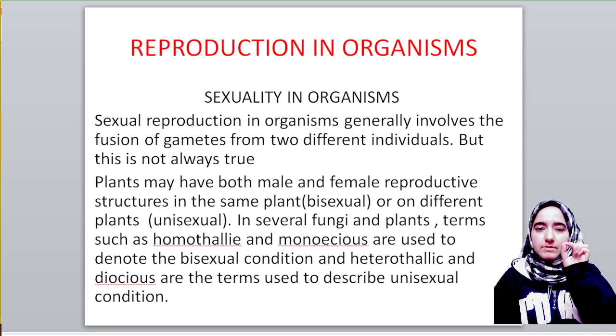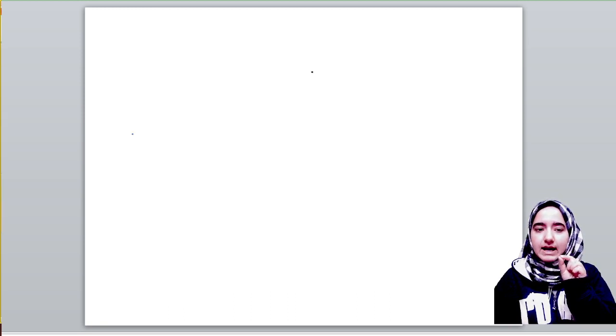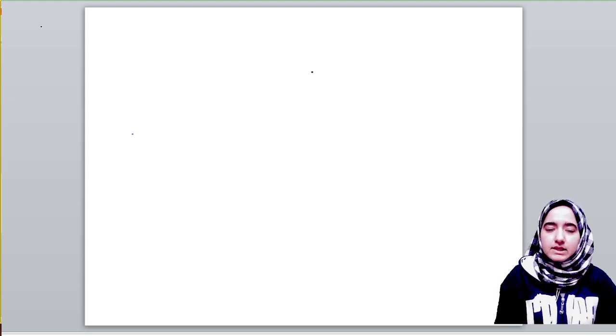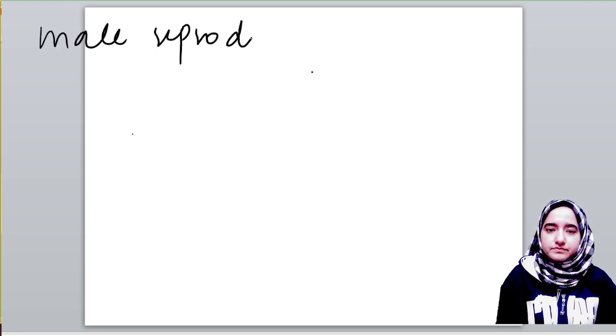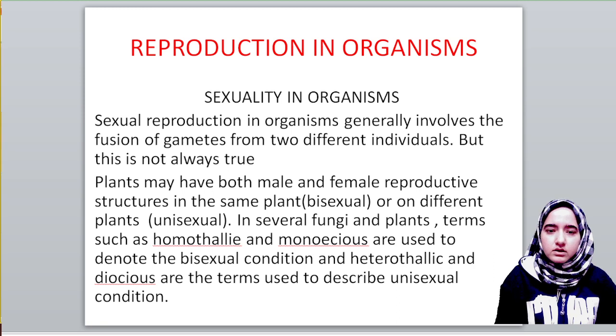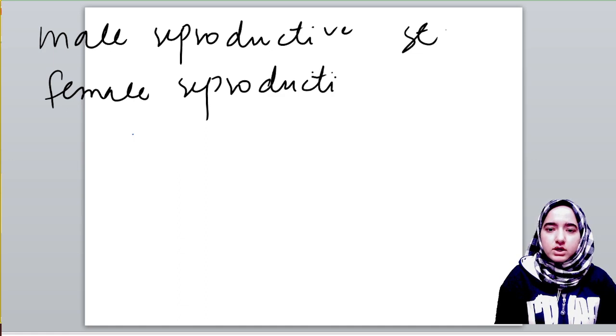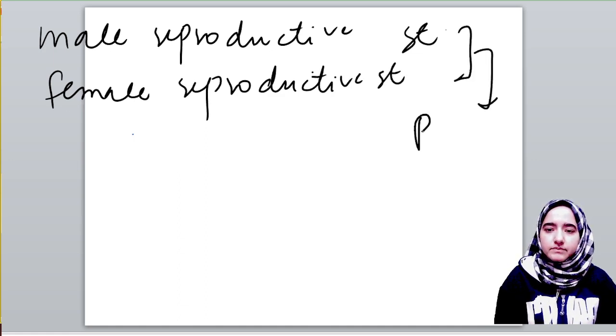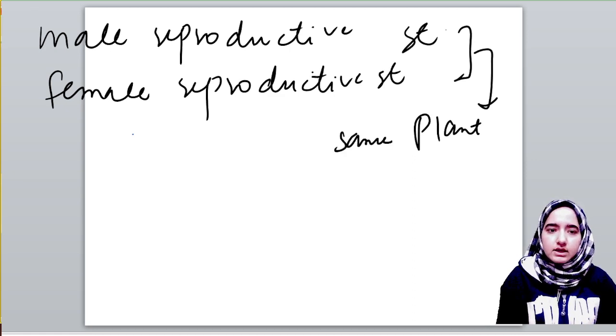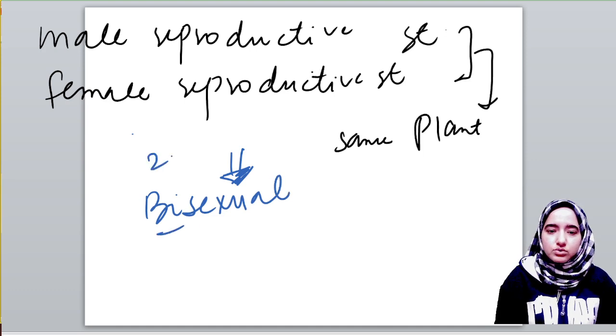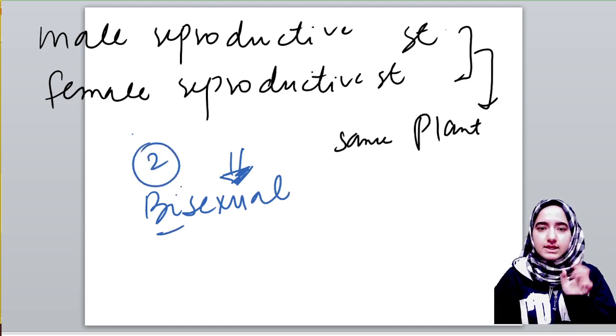For example, in plants, some flowers have the male reproductive structure and the female reproductive structure in the same plant. That we call bisexual. Bi means two. It means that the plant has both the sexes in itself.